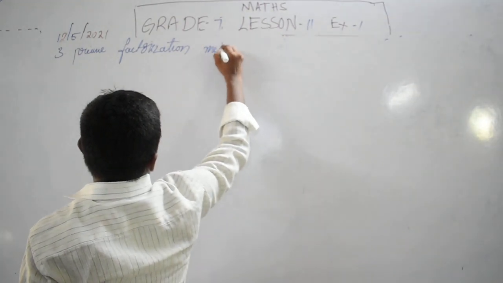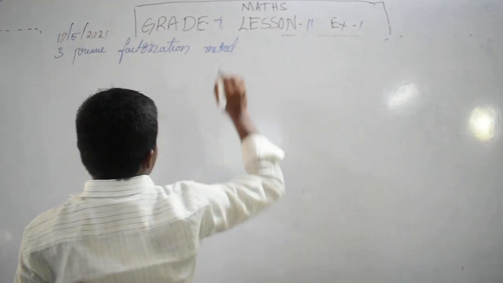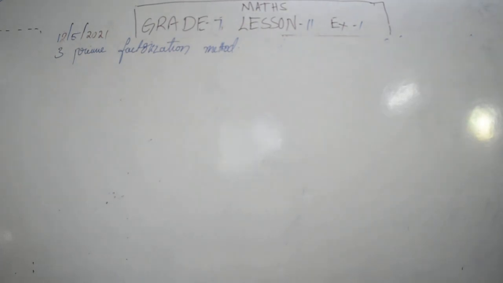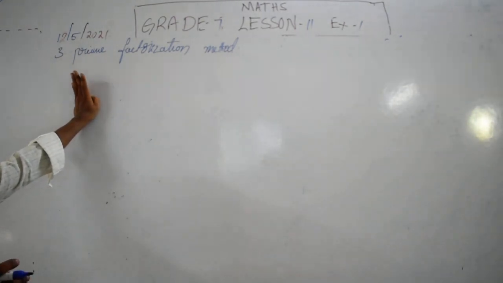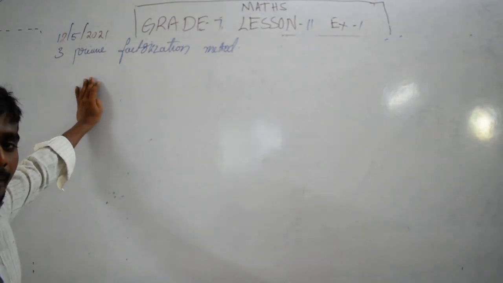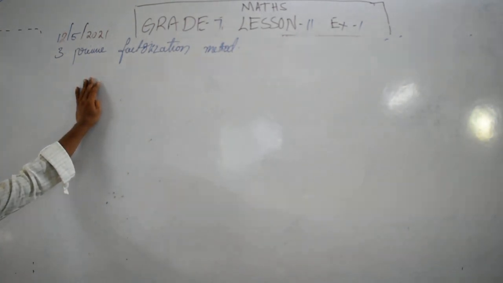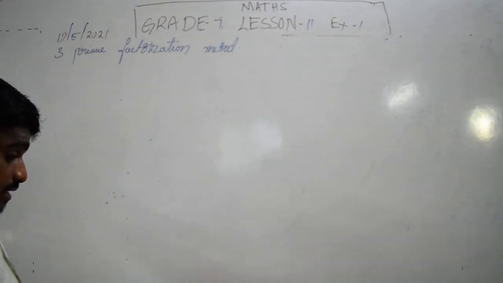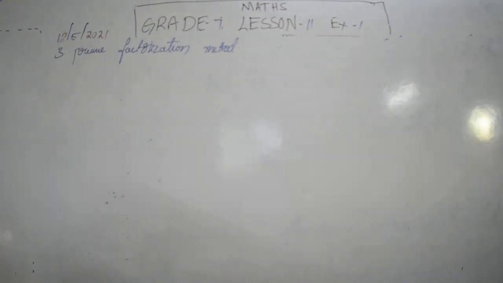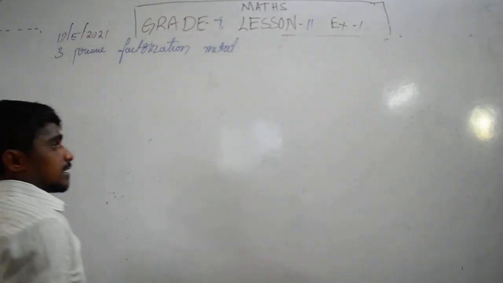Already I said in the previous class, what is a prime number? What are factors? A prime number is a number that has two factors: one is 1 and another is itself. So that is a prime number.